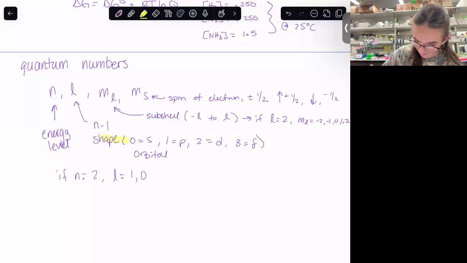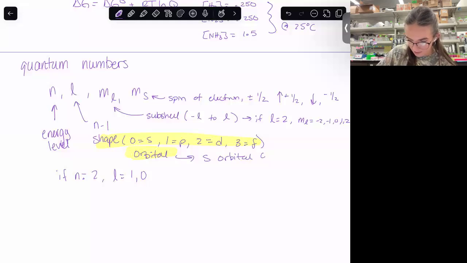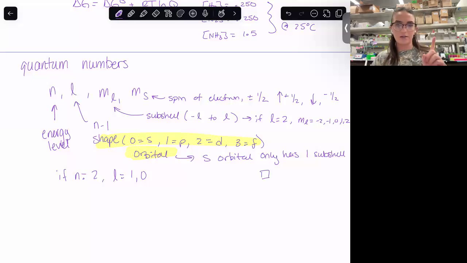And what is important to note here is that the s orbital only has one subshell. And that's like when we draw our pictures, we only have one box for the s subshell. This is 1s2, or 1s. That's the box for 1s.